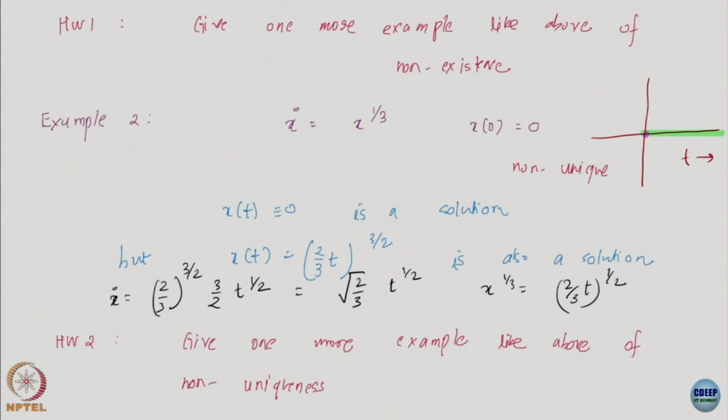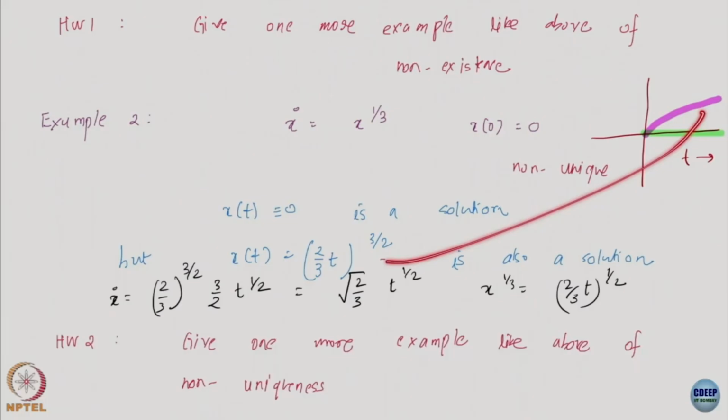I think it will look like this, that is my guess. It's better if you plot it, it may be the other way around, but you can just imagine that this one looks like this.